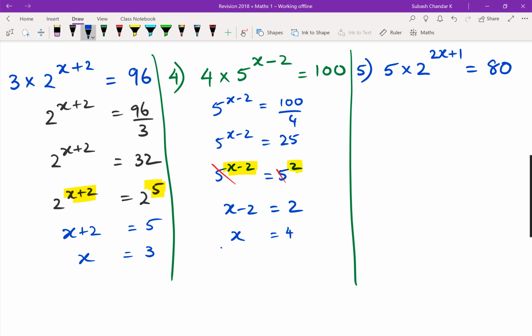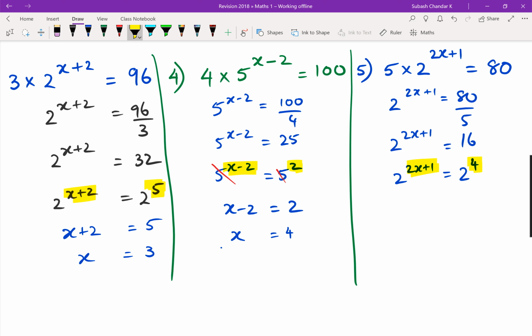Now, when we get to number 5, same steps. 2 to the power of 2x plus 1 equals 80 divided by 5. 80 divided by 5 is 16. And then 16 could be written as 2 to the power of 4. Once again, what we have is this power is equal to this power.